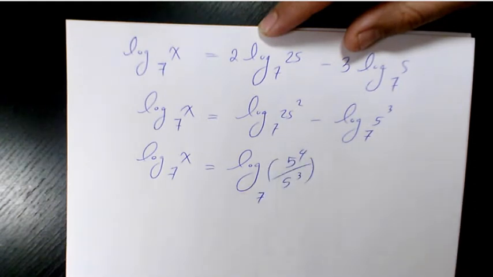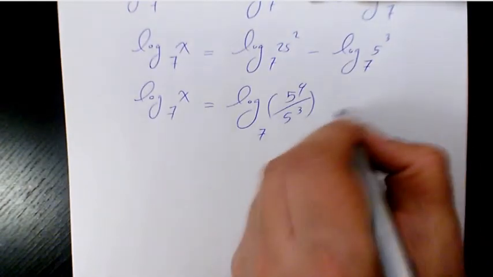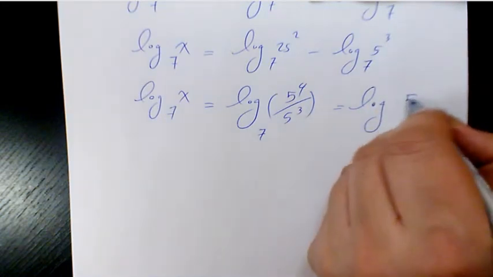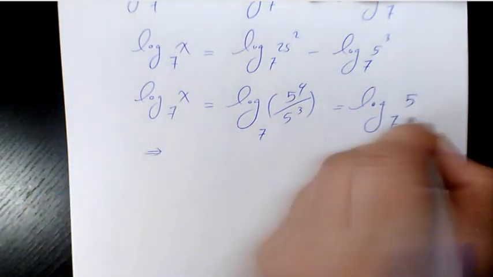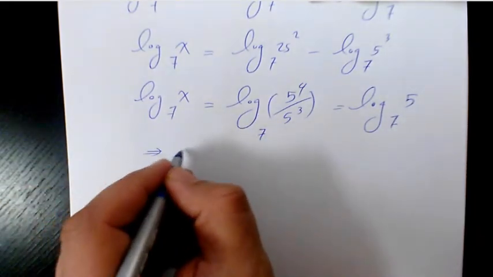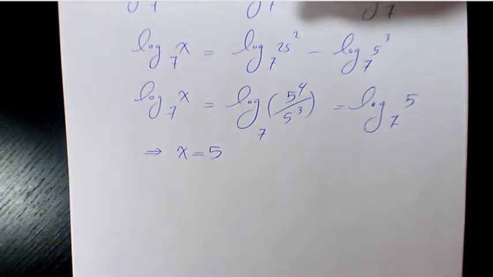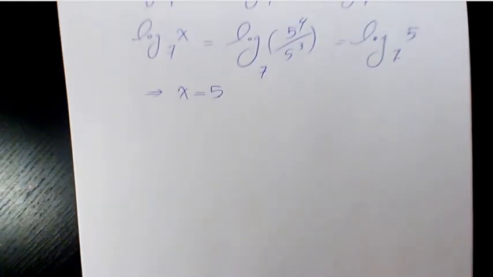Because we can use the quotient law, 5 to the power 4 divided by 5 to the power 3 is going to be just 5. Both sides have the same base, so x equals 5.